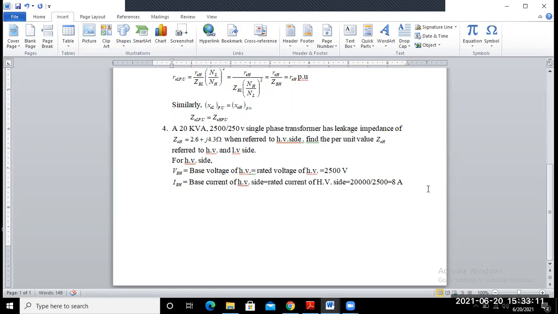That means the base current of the high voltage side is 8 ampere, and the base voltage is 2500 volt, the rated voltage and rated current of the HV side.